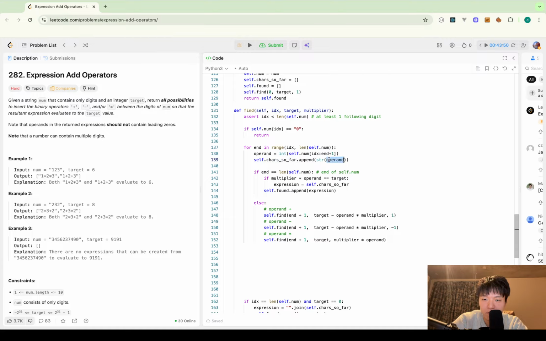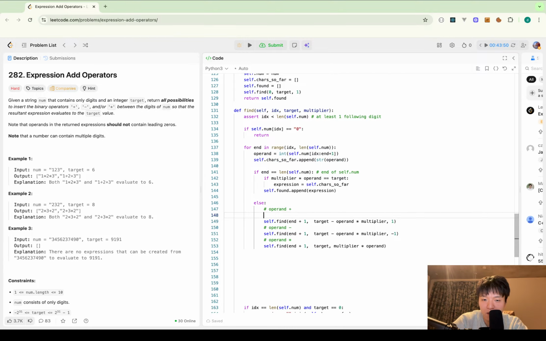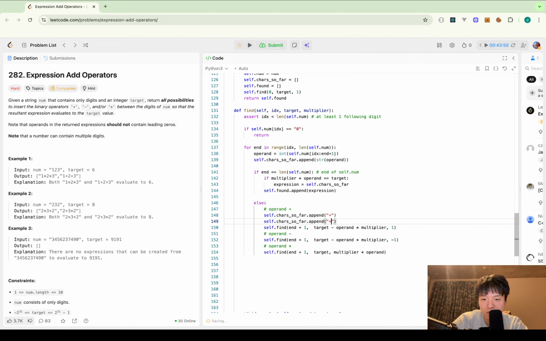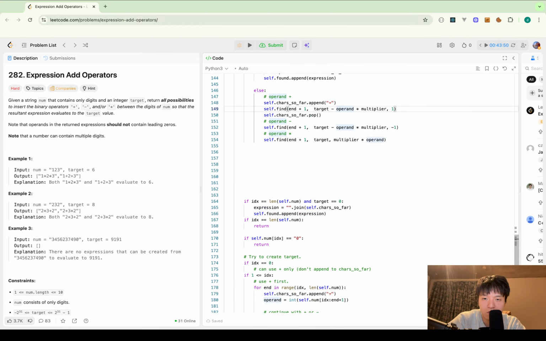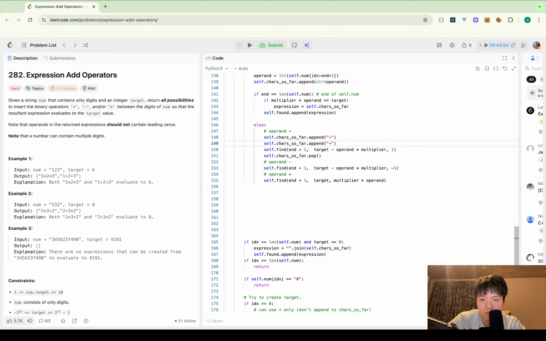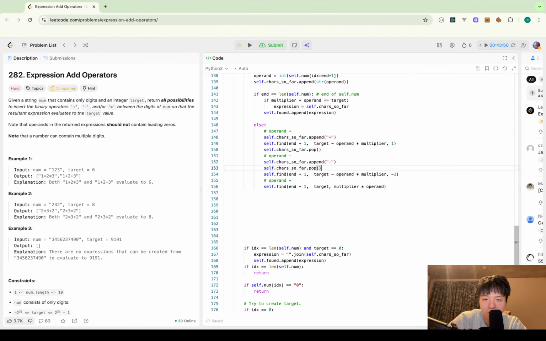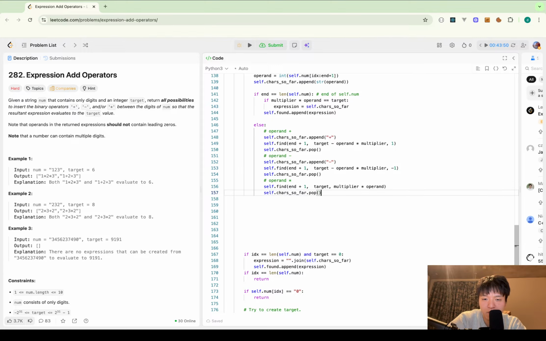This operand is already added, so I have to append plus here. Then after coming back, I have to pop this out.